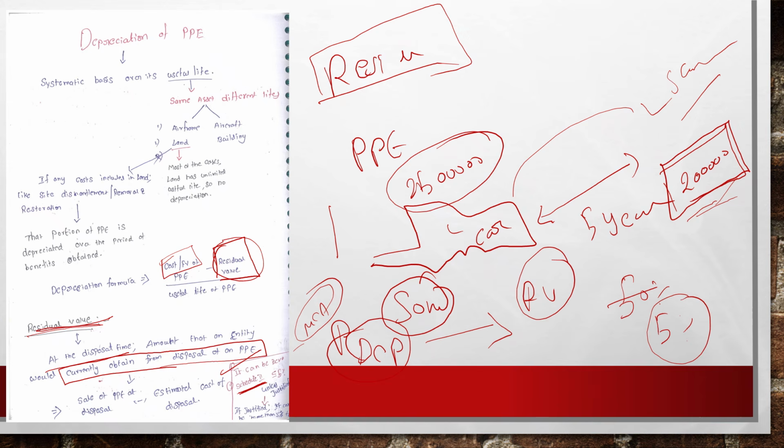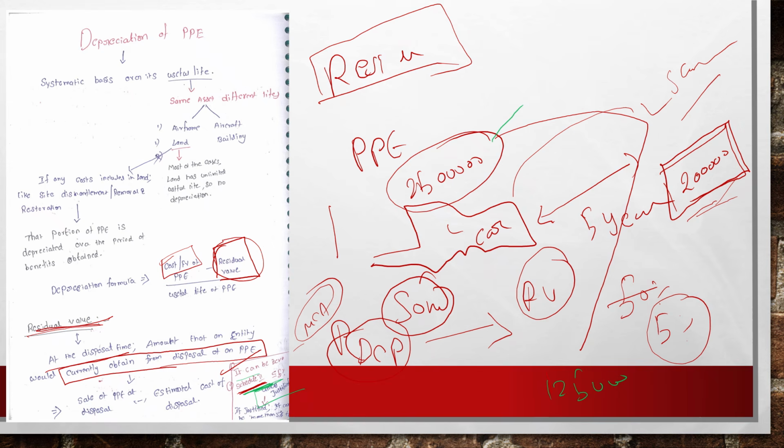So 25 lakhs, what is the 5% on 25 lakhs? This 1,25,000. You can consider the residual value up to 5%.